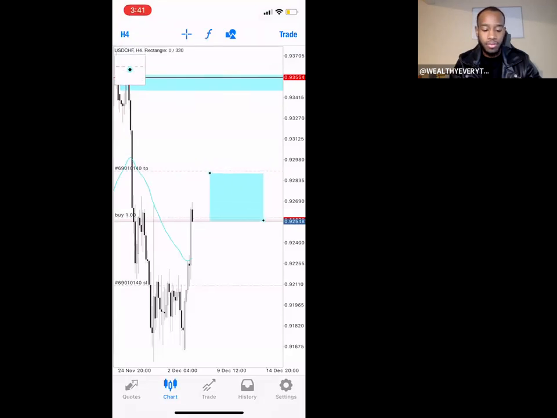So right now, from the entry to the take profit is 328. I can take 328 or 329 and multiply that number by my position size, and it will give me my stop loss or my take profit.